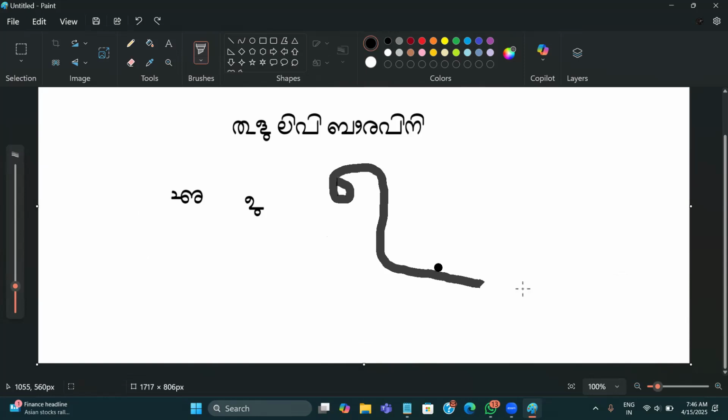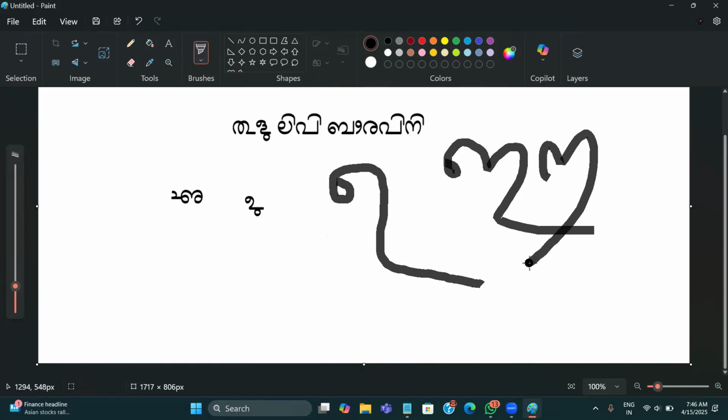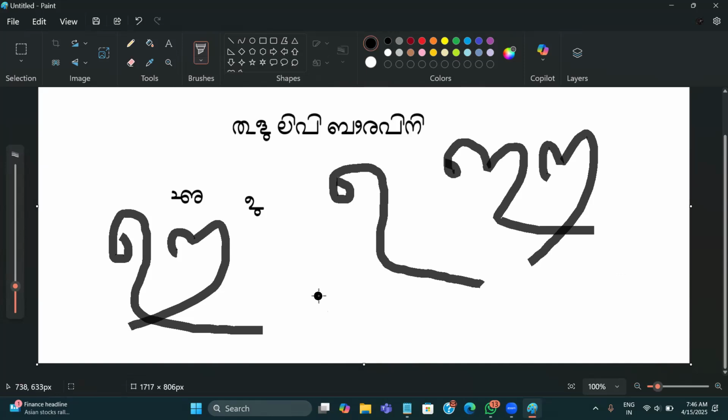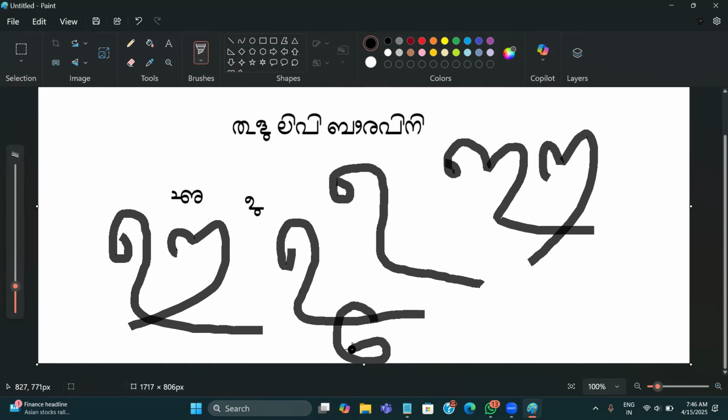How do we write a second E? Second E was written like this. They have used these curves for writing U also. In some manuscripts many of them have it like this with a small curve. Like this they have written in some manuscripts.